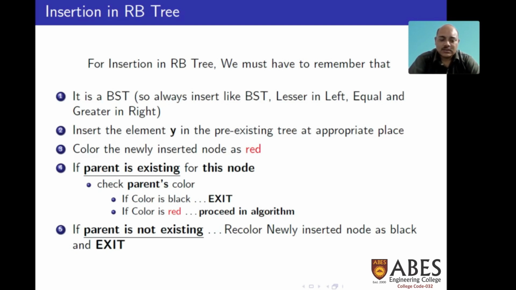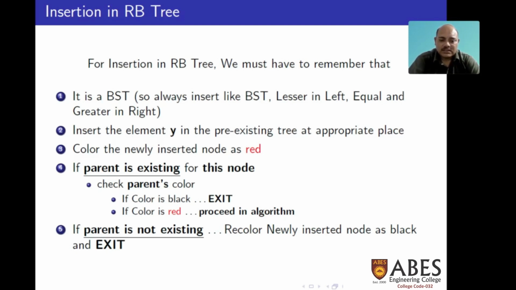Fine. So as soon as we insert a value and declare its color as red, we will ask two questions. The very first question is whether the parent exists. Fine. And the second question will be, if the parent exists, what is the color of the parent? Fine. So based on these two questions, several cases may be there.